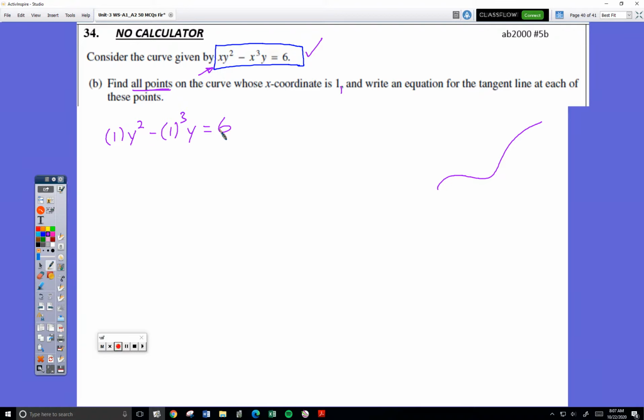Keep going. I have y squared minus y equals 6. Okay, when you see that, you should be thinking of the word quadratic, which means we want to organize this equation slightly differently. We want to go like this, and then we want to factor. Don't forget to have good notation.